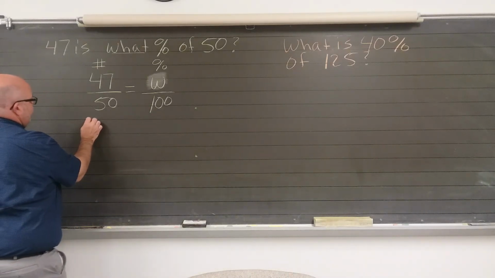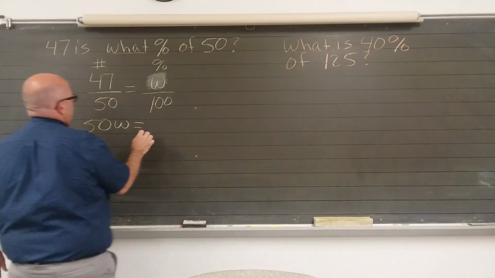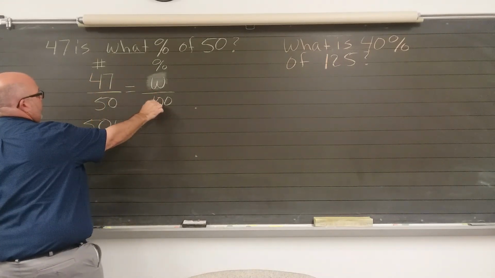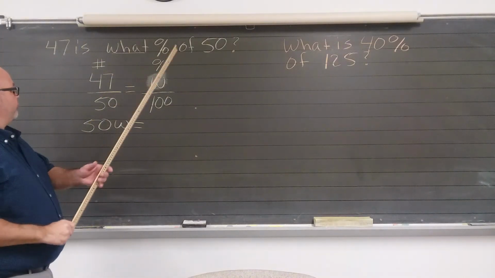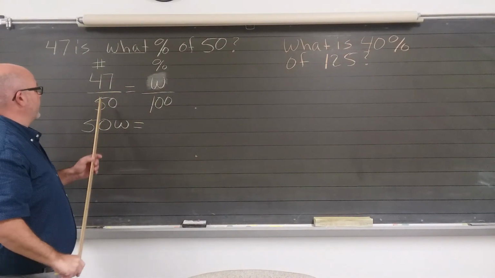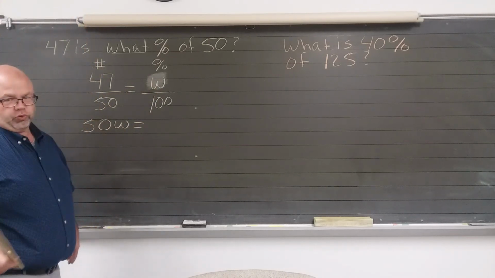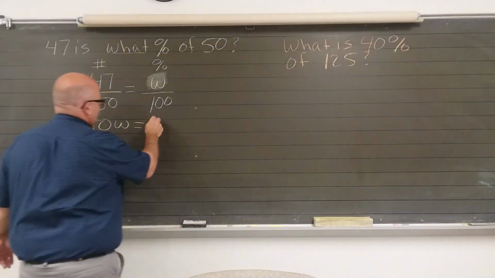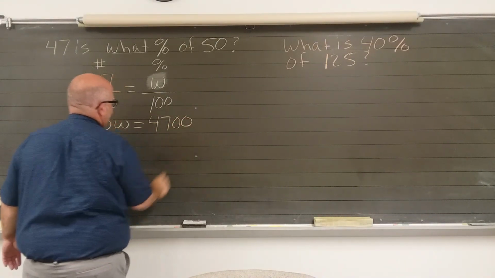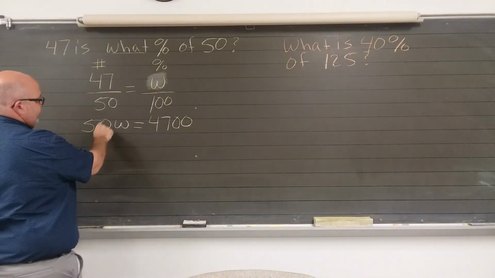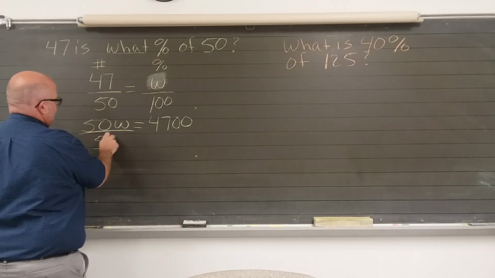You have 50W equals 100 times 47, right? This is cross multiplication. 50 times W is supposed to equal 100 times 47. So 100 times 47 is 4,700. Now you're dividing 50 times W by 50, which gets rid of the 50s.